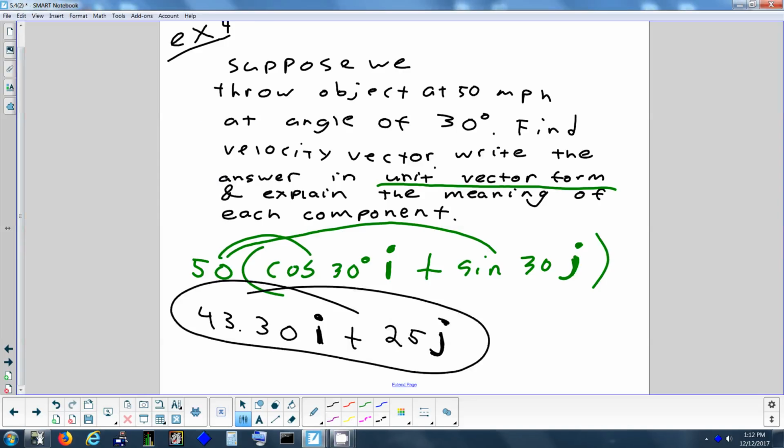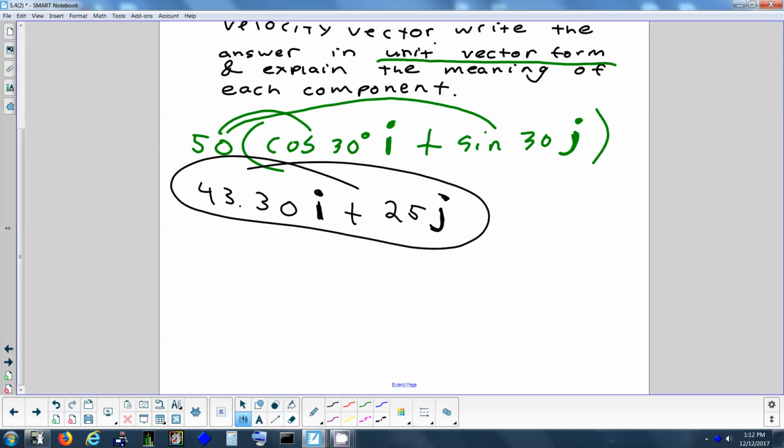Now it says to explain the meaning of each component. What is that 43.3? If you think about the object actually traveling, what is it? Well, the direction is the 30 degrees, so that's my direction. But what's the 43.3?